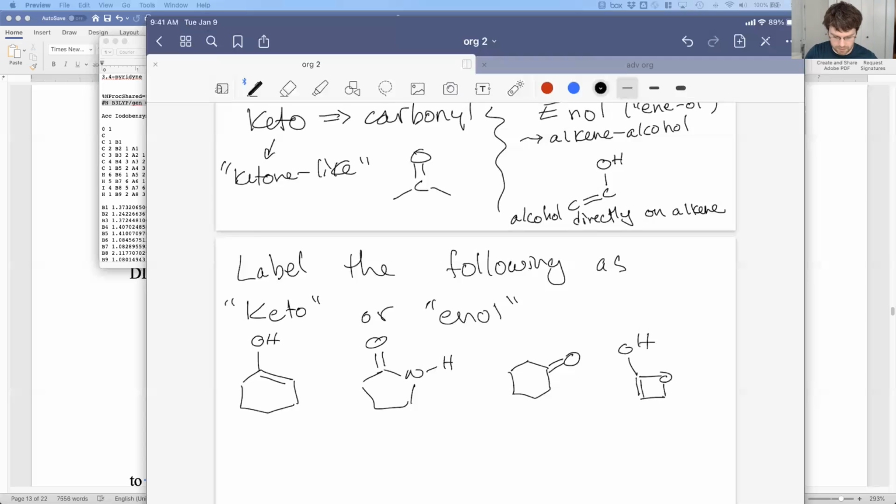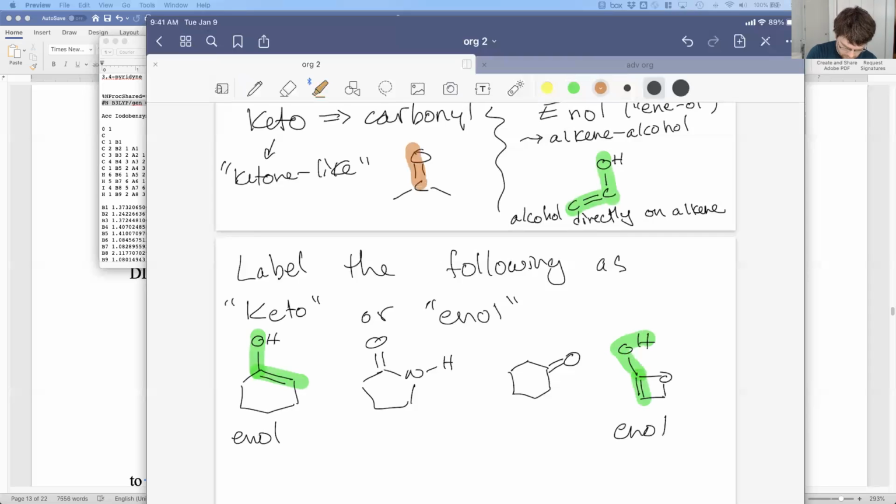Okay, there's a few examples. All right, so first of all, we would label this as enol. It has the sort of alkene alcohol, and this similarly is enol.